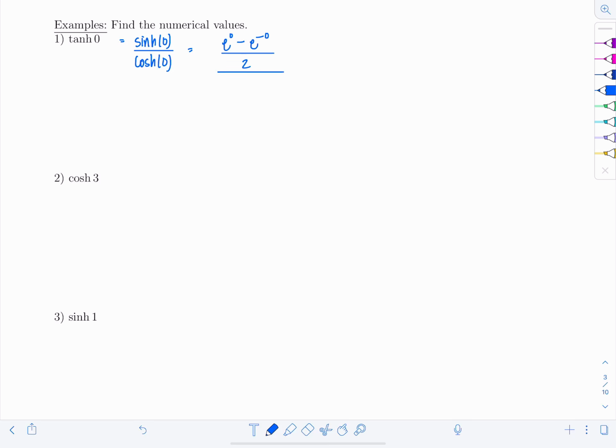And then the only difference with cosh of x is that it's plus. So e to the 0 plus e to the negative 0 over 2. Okay, so e to the 0, that's 1, minus e to the negative 0, 1, over 2, over 1 plus 1 over 2. Now the 2's drop out. I just have 0 over 2, so this is 0.